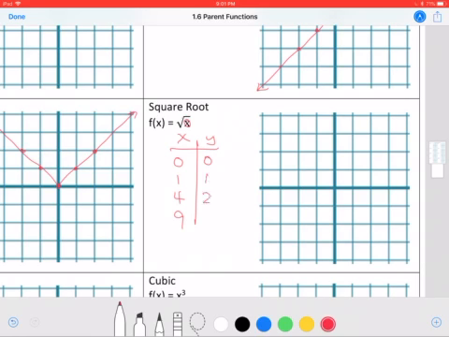You'll notice I didn't use any negative x values because I don't want to be taking square roots of negative numbers. (0, 0), (1, 1), (4, 2), (9, 3) would be on there, but it's off my paper this time. I would like you to be able to graph those points in 5 seconds or less, but maybe without having to make that table every time. But knowing that the square root of 1 is 1 and the square root of 4 is 2, I think we can handle that.